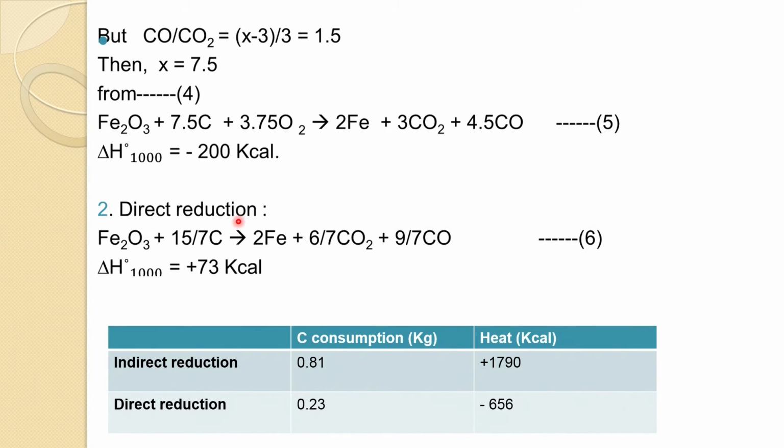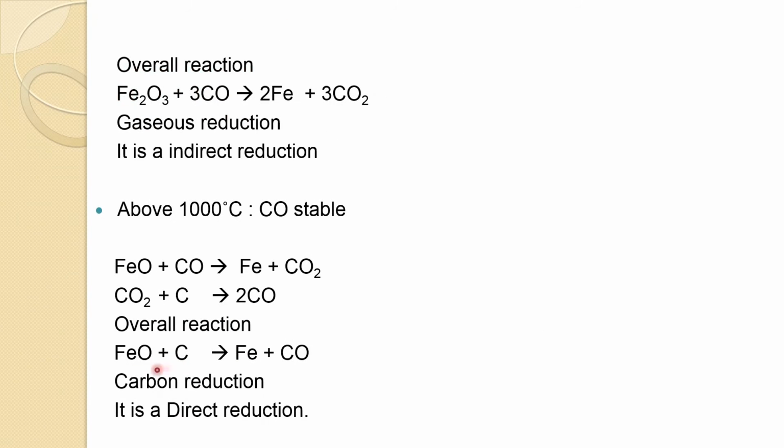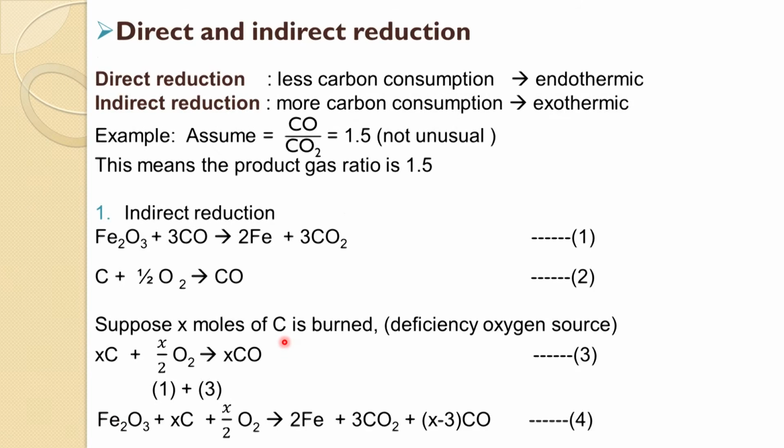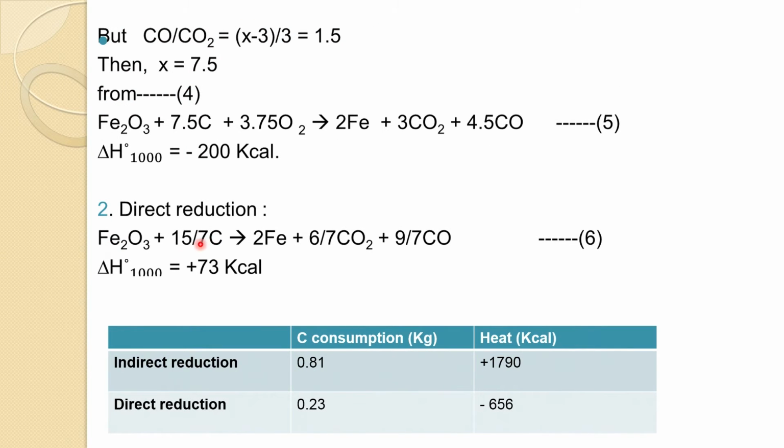Now, if we take the direct reduction, where Fe2O3 is reducing, let us say, with the carbon directly instead of wustite. We know that the CO/CO2 ratio is 1.5. So, maintaining that, you can balance the reaction easily.